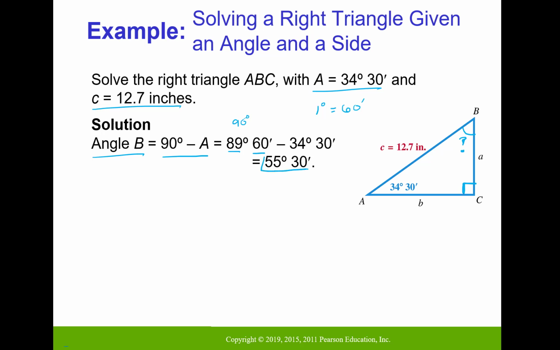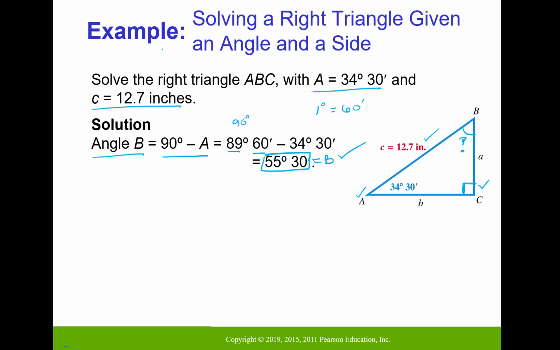So we have all three angles now in the triangle. Angle B we now know, we knew angle A to start with, and angle C is 90 degrees. To solve a triangle, you have to know all three angles and all three sides. We have one side, so we need two more sides.